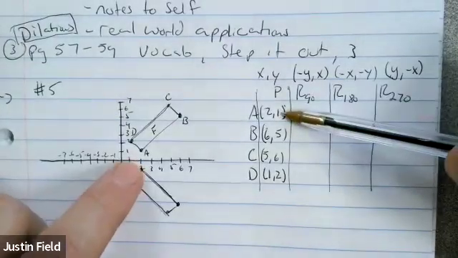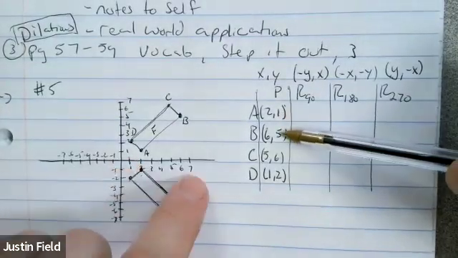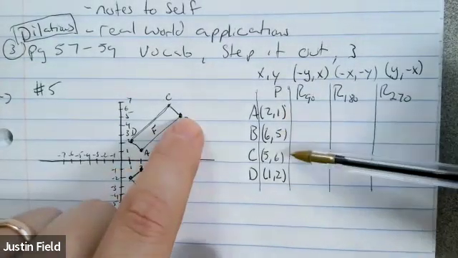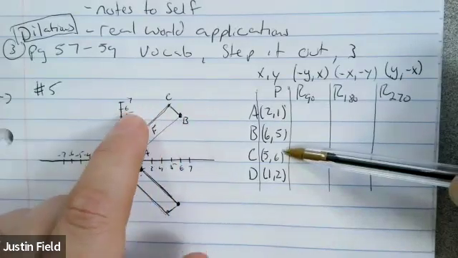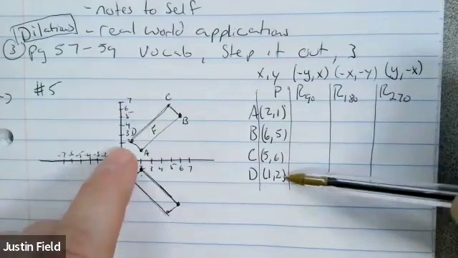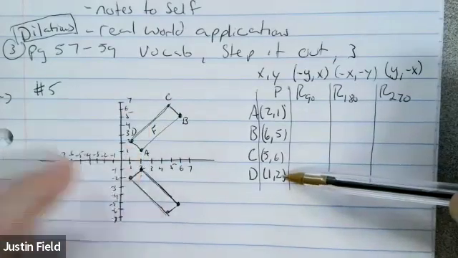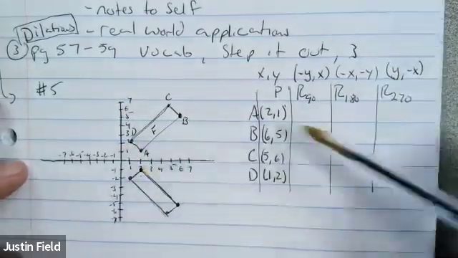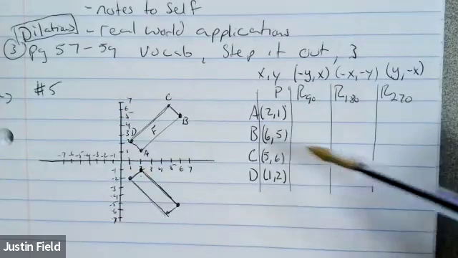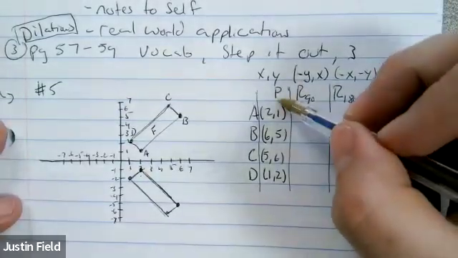So A is at (2, 1). B is at (6, 5). C is at (5, 6). And D is at (1, 2). Even if it's not exactly accurate here on my sketch, you can see the pre-image. So P stands for pre-image, right?